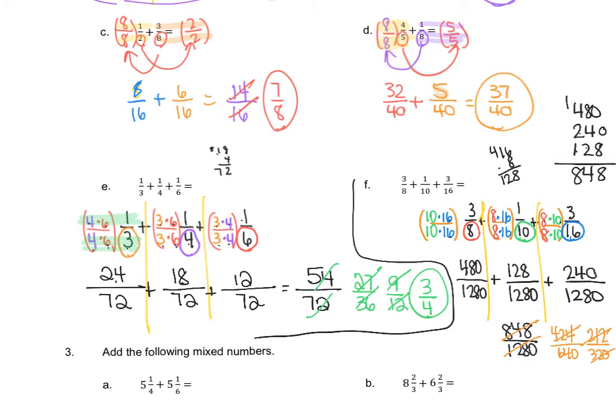If I do it again, I get 106 over 160. Then I get 53 over 80. And that's where I end. 53 over 80.